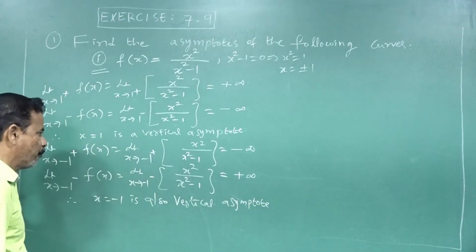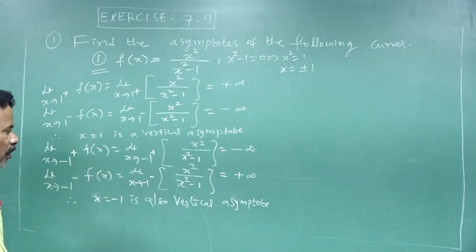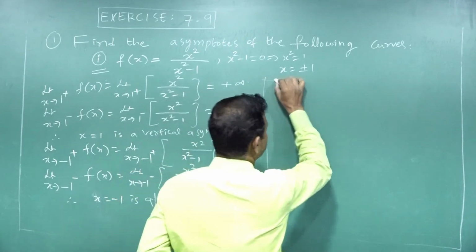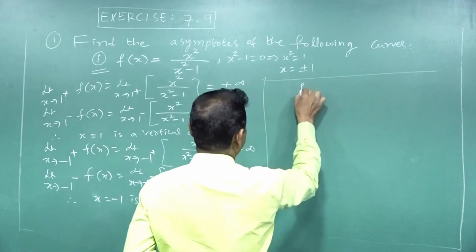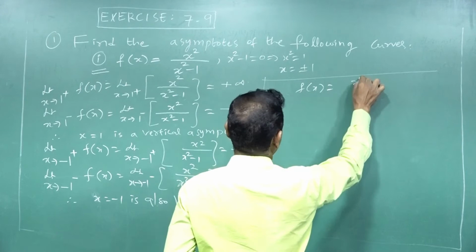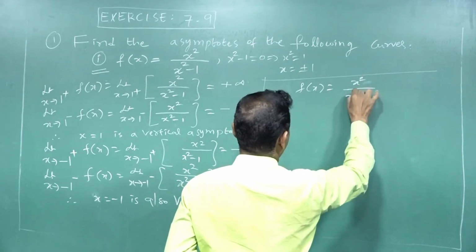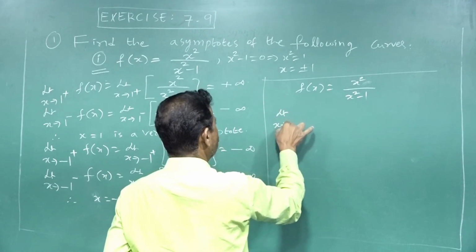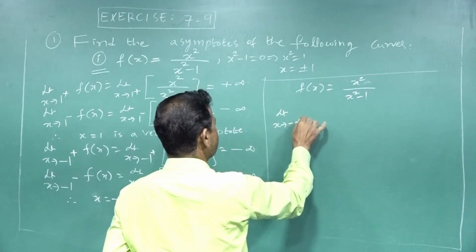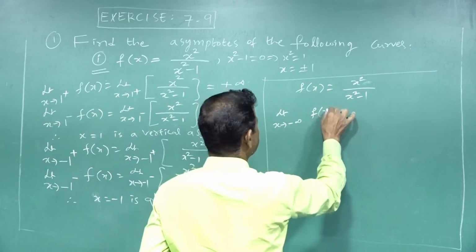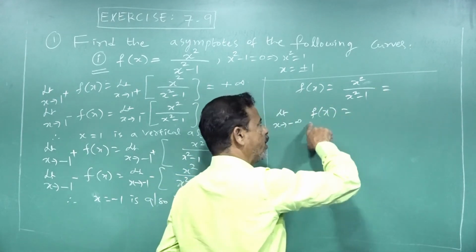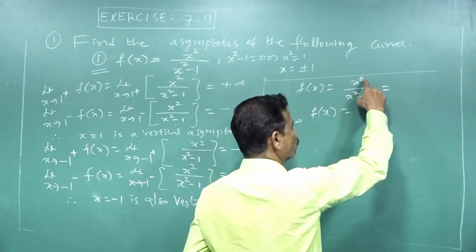Okay. After this we check whether a horizontal asymptote is there or not. Here f of x is equal to x square by x square minus 1. So we check the limit as x tends to minus infinity of f of x. In the case of infinity we divide by the maximum power, x square.